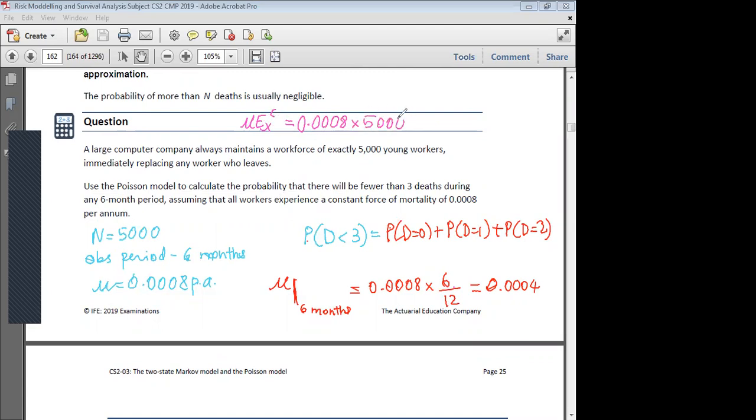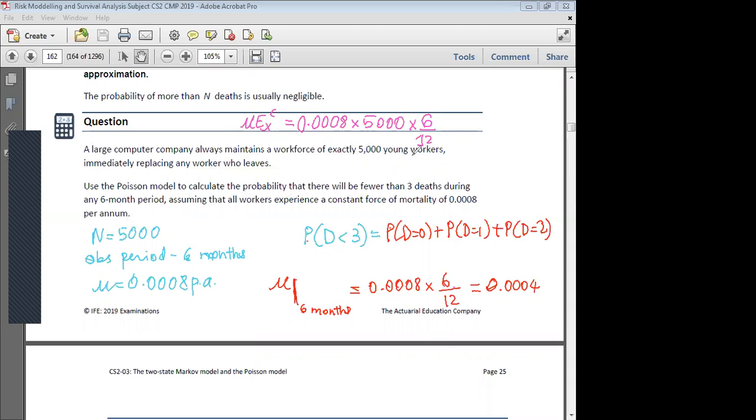These are the people that you observe, and this is the time period that you are keeping them under observation. The conversion rate is taken into consideration by this term here.